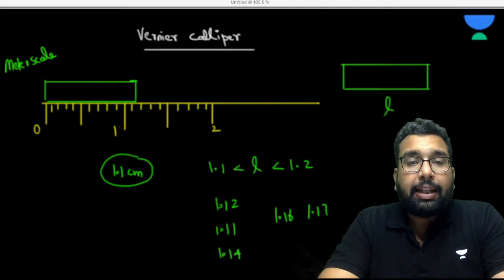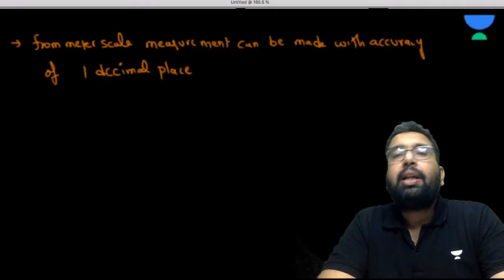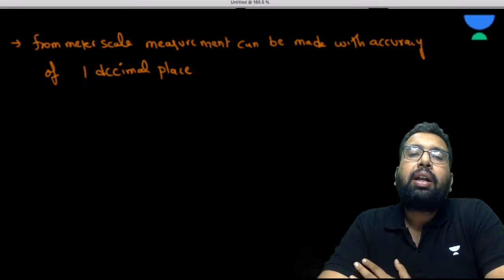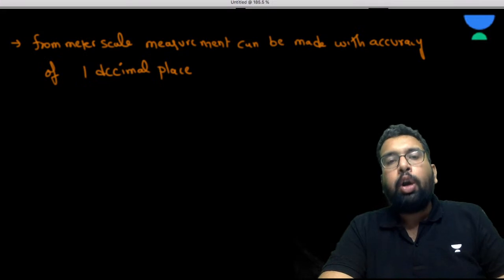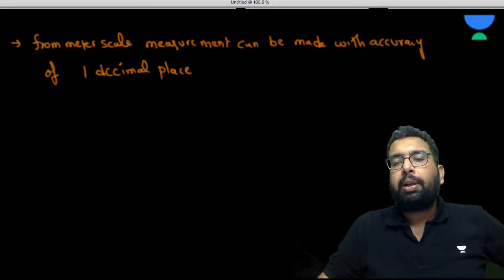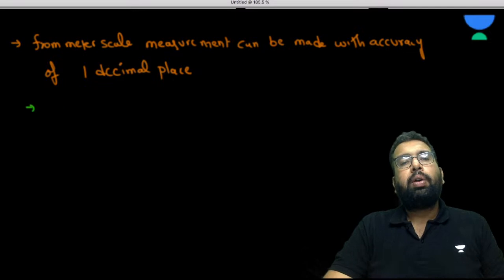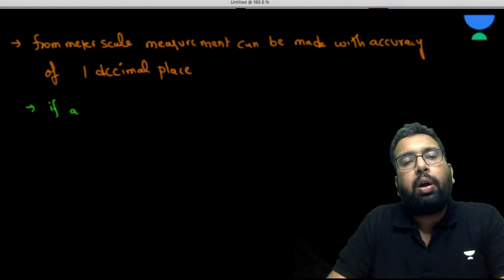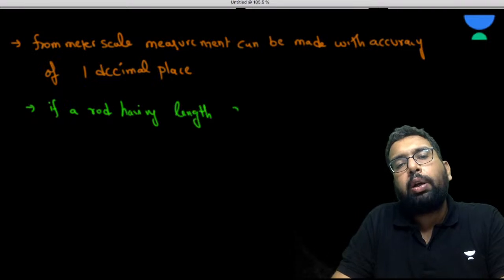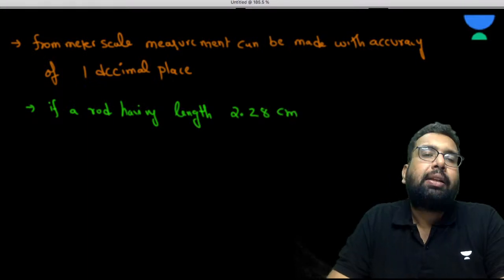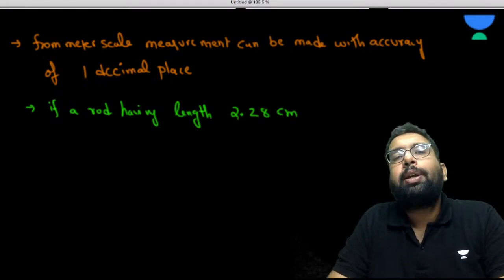Yes, sir. Okay. Now, from the meter scale, the general scale that we are using, the measurement can be made with accuracy of 1 decimal place. So, for example, suppose a rod has a true length of 2.28 centimeters.